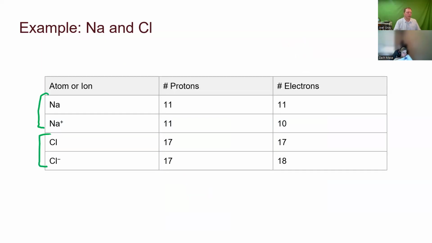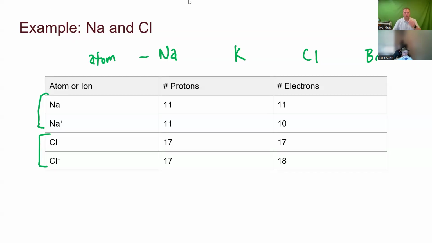When you just write out Na or K or Cl or Br, when you just write out the symbol, this corresponds to the atom. None of these have a charge. They are all neutral.